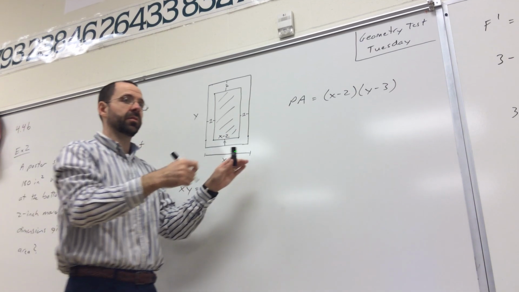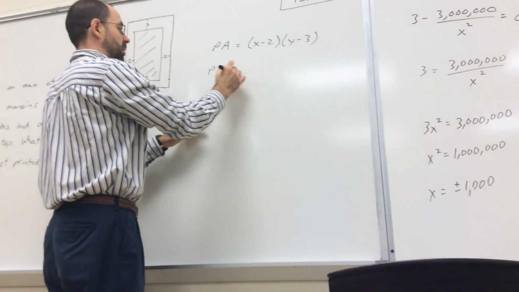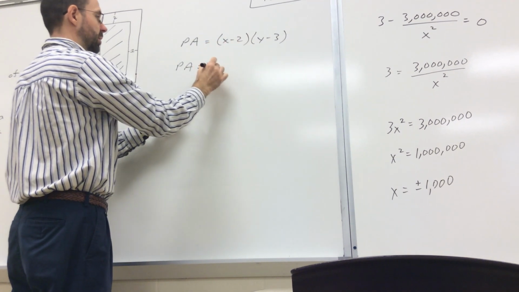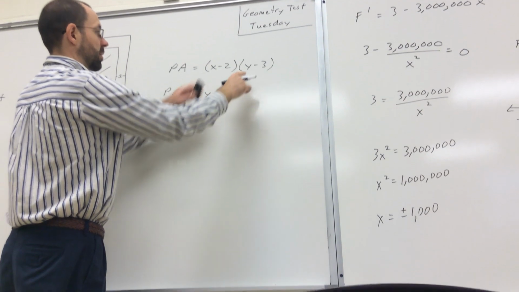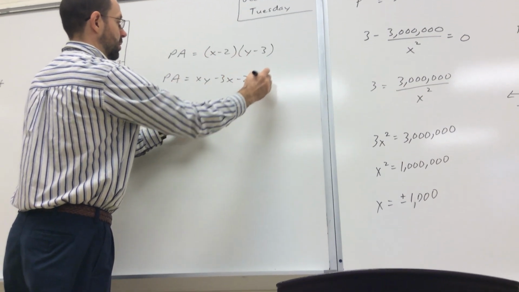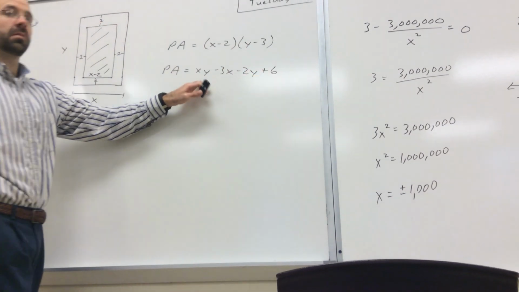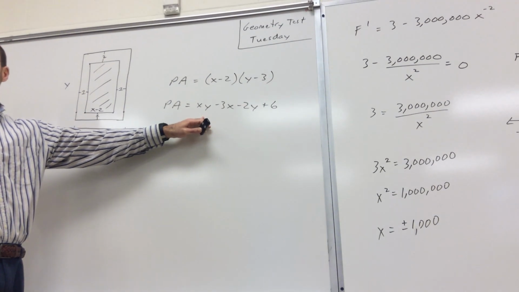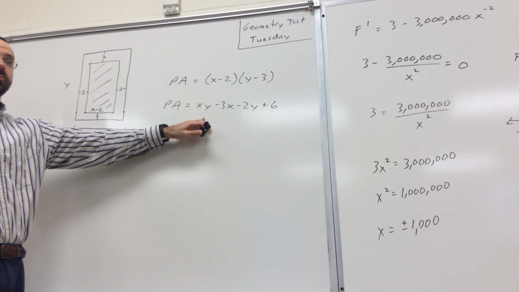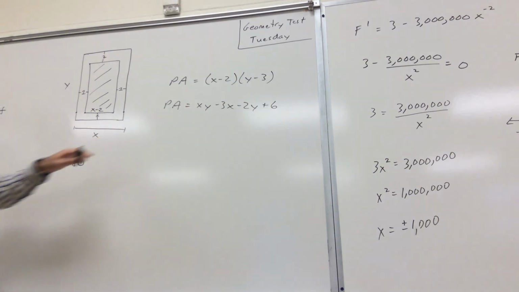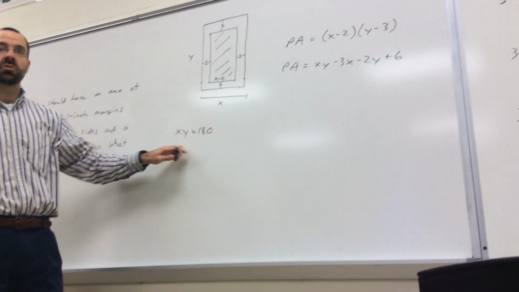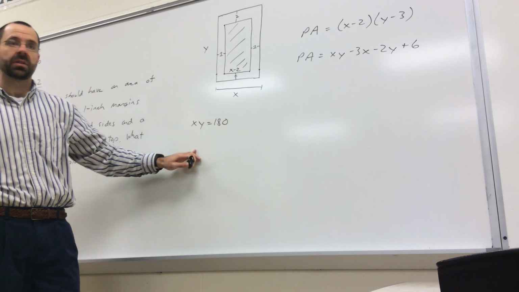So I'm going to FOIL that out. So that gives me xy minus 3x minus 2y plus 6. But I'd rather not have two variables. So that's what this equation is for, using this to get rid of one of the variables.